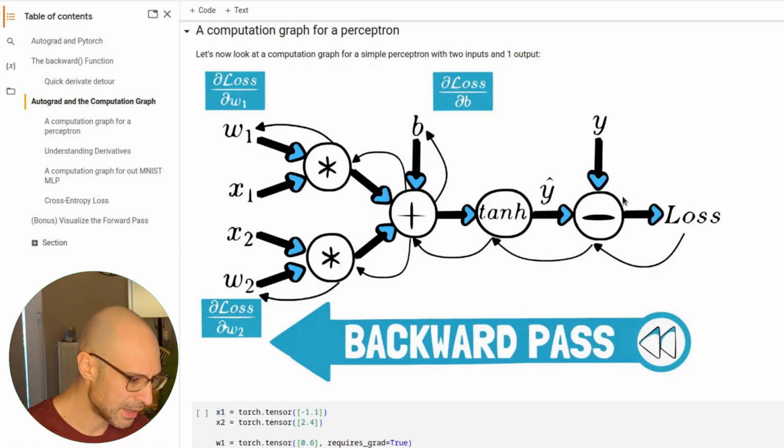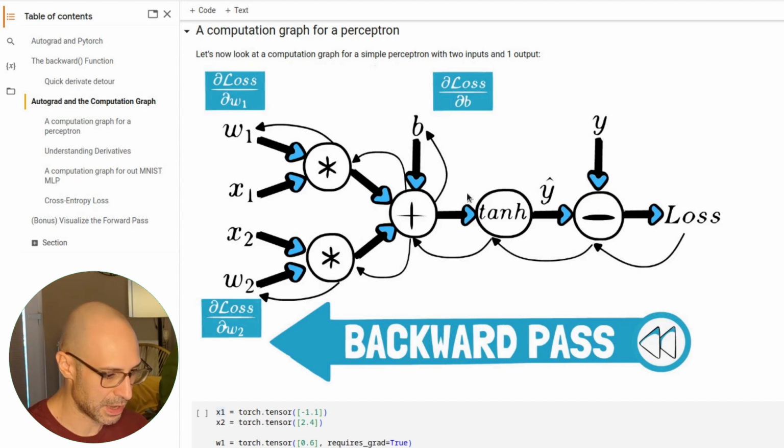Okay, so we're now ready to take a look at a more complex example. This is the simple perceptron that we had in our episode before. As you can see, it's got x1 and x2, which are two inputs to the perceptron, and it's got w1 and w2, which are two weights. There is the product and then the weighted sum, and we have the bias term, which gets added.